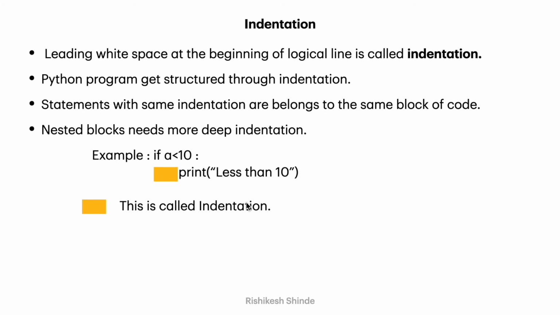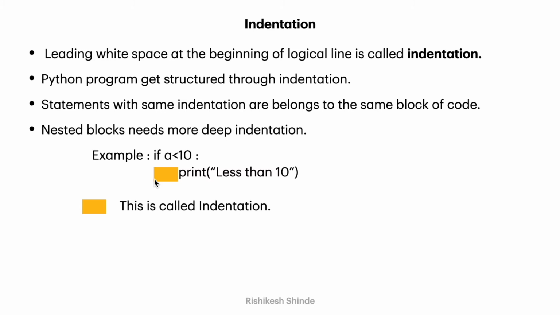Now let us understand what indentation is. Before moving to the actual code we should understand indentation. In conditional branching statements, indentation plays an important role in Python. Every block under each conditional statement is separated by indentation. Leading white space at the beginning of a logical line is called indentation. A Python program gets structured through indentation.